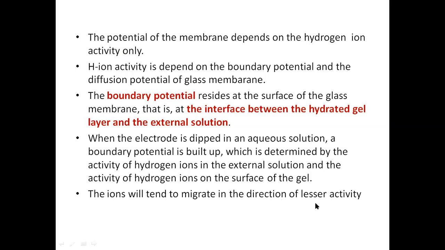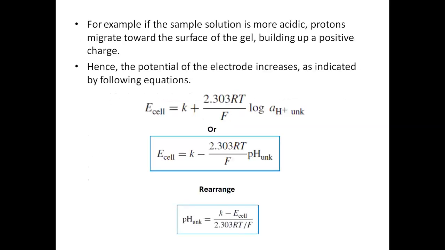So whenever the activity of H plus ion is low on one side, the remaining H plus ions move toward that side. For example, if we take an acidic solution as our sample solution, protons are more in the acidic solution. These protons migrate towards the gel surface, because on the gel surface the amount of H plus ion is very less.